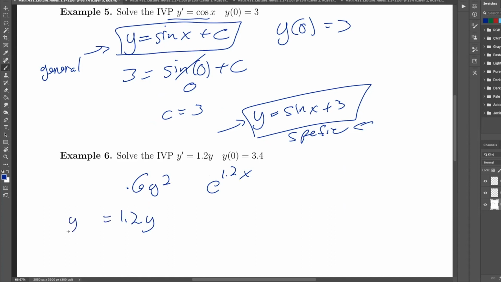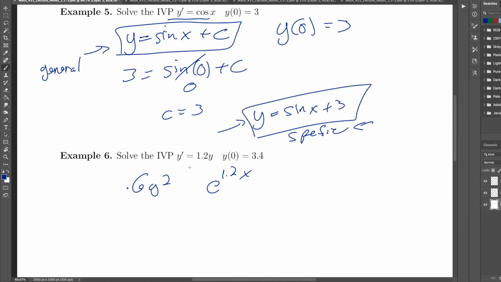Well, is that equal to 1.2y equal to 0.06y squared? Oh no, if I take this derivative, hold on, let me back up.